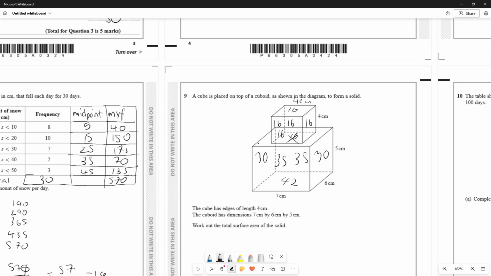However, we have to exclude this one because, like I said, the bottom isn't shown. Next, this top one is going to be 42 because it's 6 times 7 minus 16, which is equal to 26.